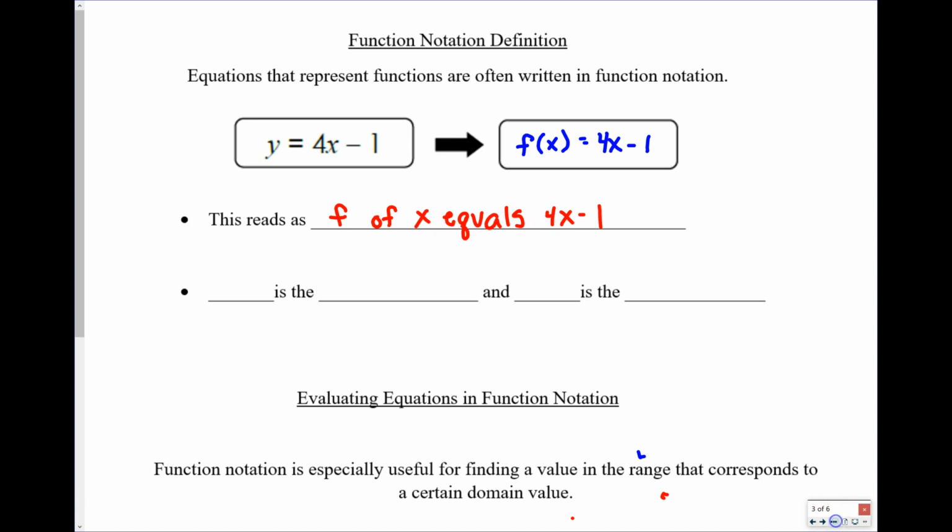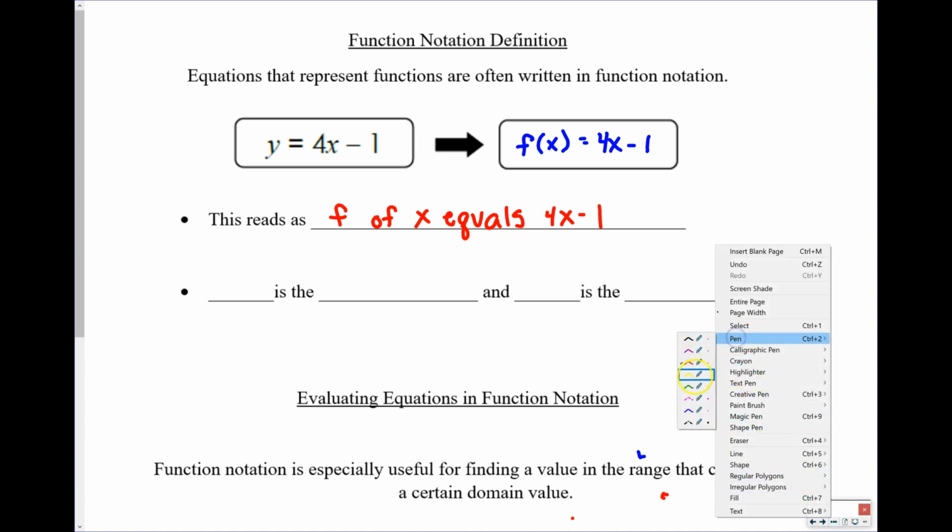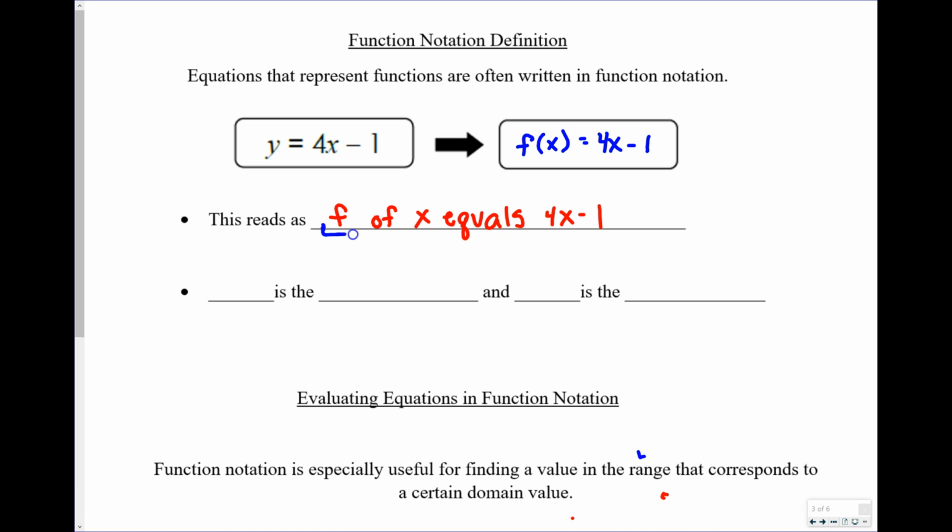So I don't want to hear you saying f parentheses x. I want to hear you saying f of x. The f stands for function. So I'm saying function x, and I'm saying that the variable in function x is x. It's the name of the function, f.